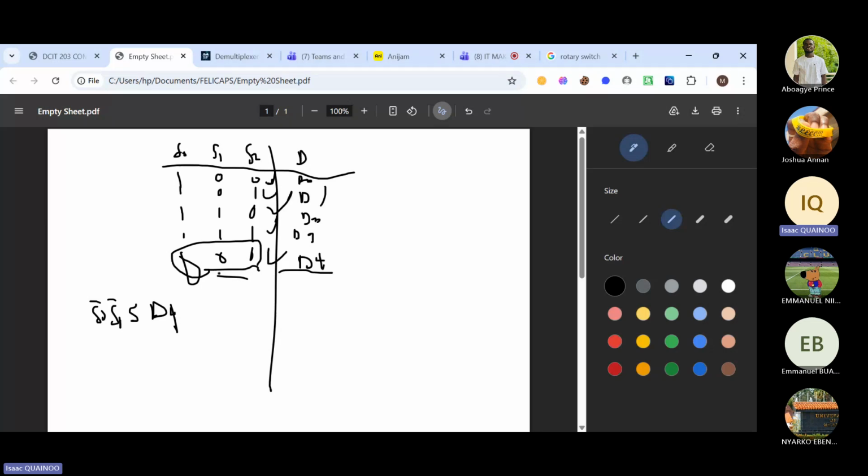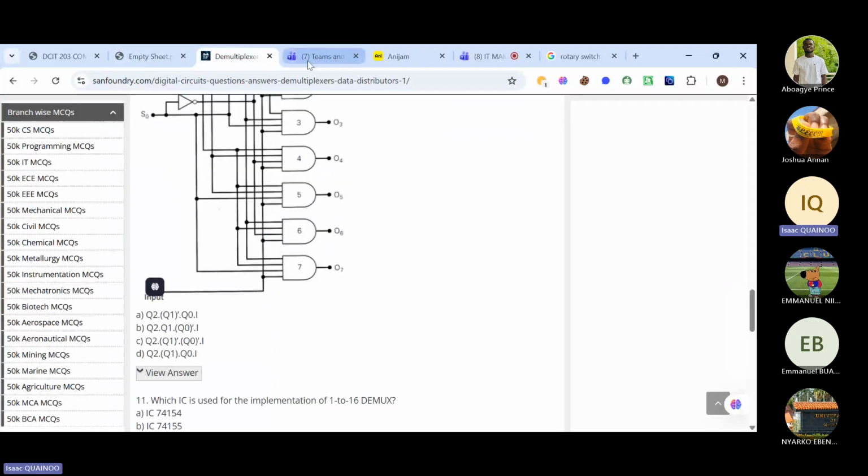So what is the expression for Q4? You see that S0 is 0, so you have S0 complement. S1 is 0, so you have S1 complement. S2 is 1, so you have S2, and then D4. They express the final answer in terms of Q and I, so let's do just that.